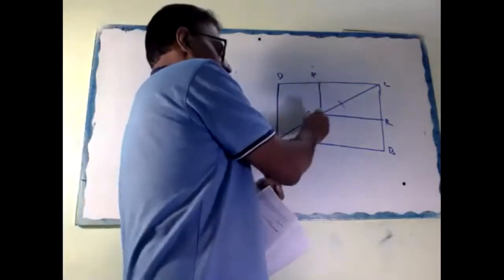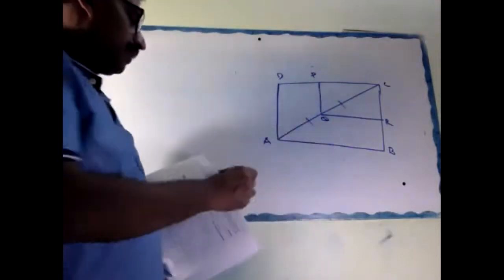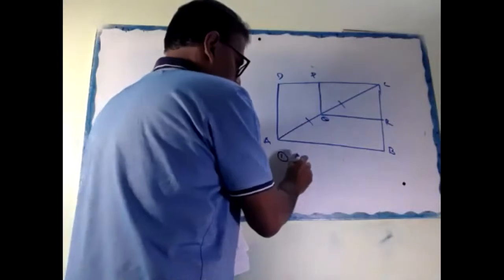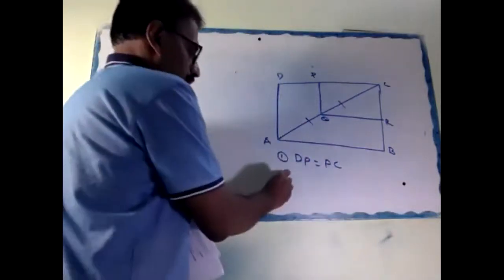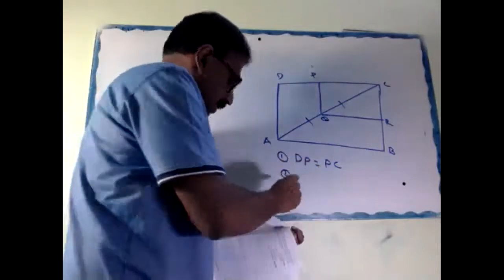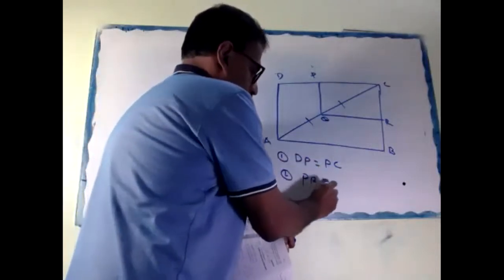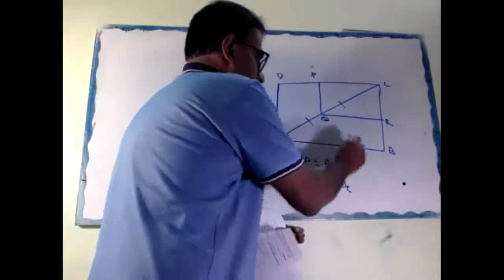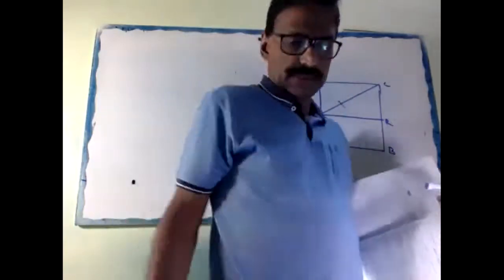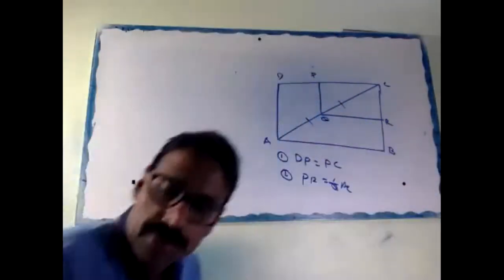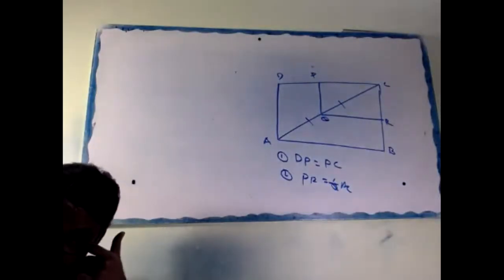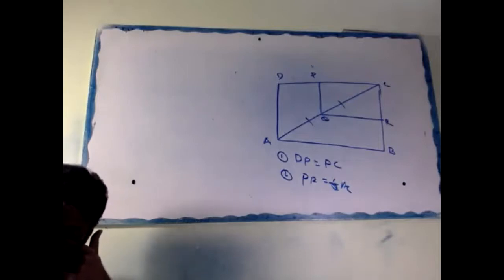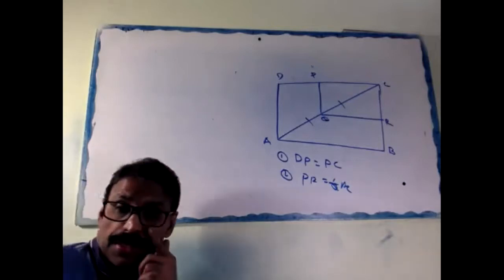Prove that 1, DP is equal to PC. 2, PR is equal to half AC. Okay, try now.